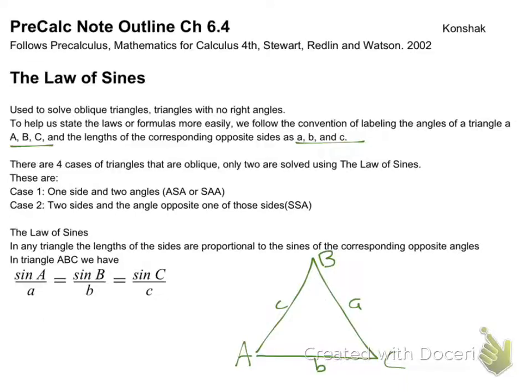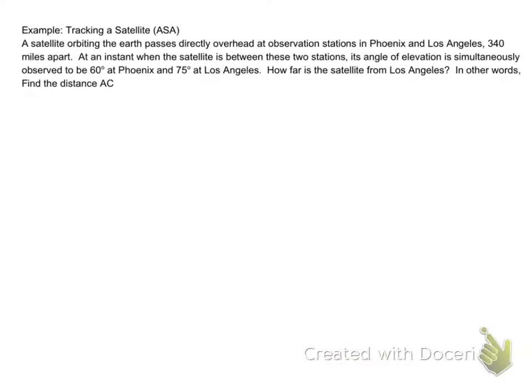So let's get into some examples. Here's a big one. We found out that actually I think it's like 370 some miles apart from each other, but there's a satellite orbiting Earth, passes directly overhead at two observation stations at Phoenix and Los Angeles, 340 miles apart.